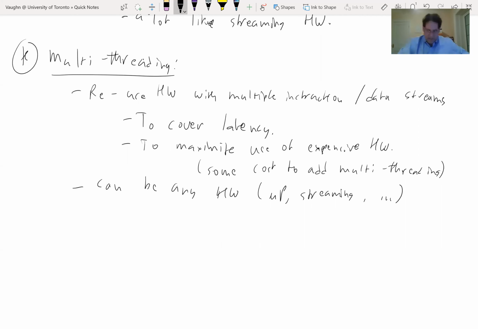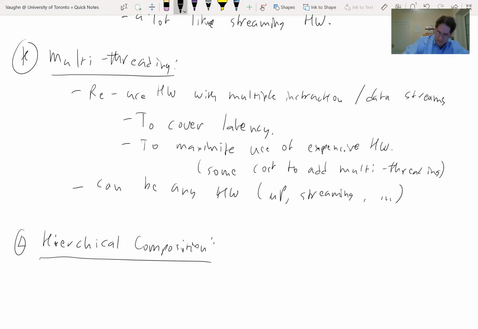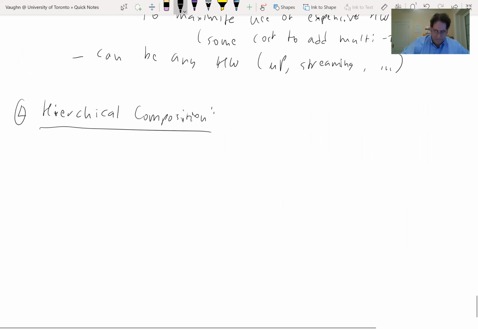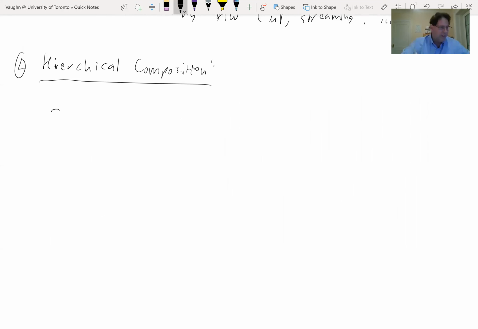Okay, and the last point I'll make is basically something that the reconfigurable computing book calls hierarchical composition. All that means is that you often can't describe your whole system with just one compute model. There may be a dominant compute model, that's what you're using for most of your heavy lifting, but you'll often combine different pieces and styles.